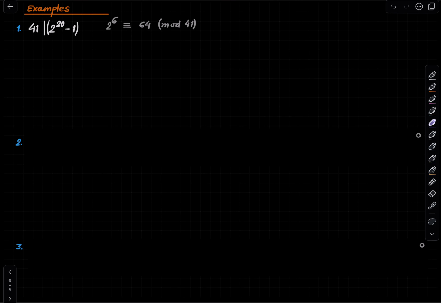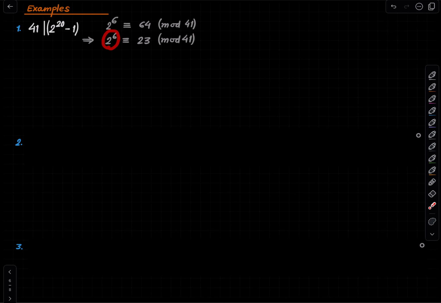So this implies 2 to the power 6 is congruent to 23 modulo 41. All we are using is that 64 is congruent to 23 modulo 41. Right? Because their difference is 41. Is it? 4 minus 3 is 1. Yeah, it is. So 2 to the power 6 is congruent to 23.